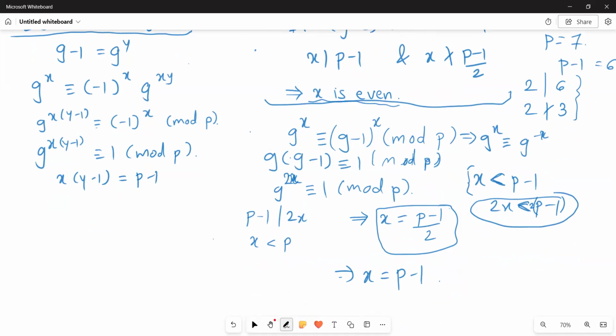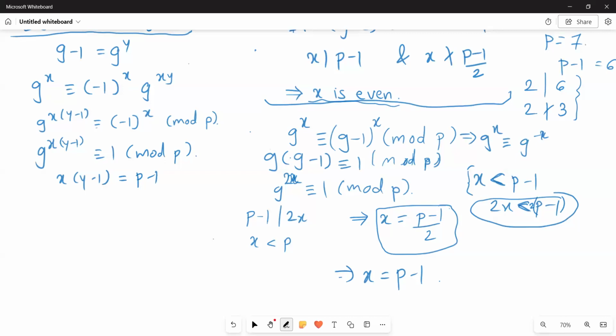Now if x is strictly less than p minus 1, that means 2x is strictly less than 2 times p minus 1. And 2x is a multiple of p minus 1. So that means 2x has to be equal to p minus 1, which is equivalent to saying x is p minus 1 by 2. But we know since p is congruent to 3 mod 4, p minus 1 by 2 is an odd number.